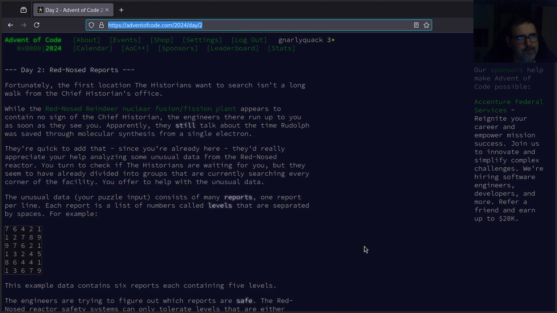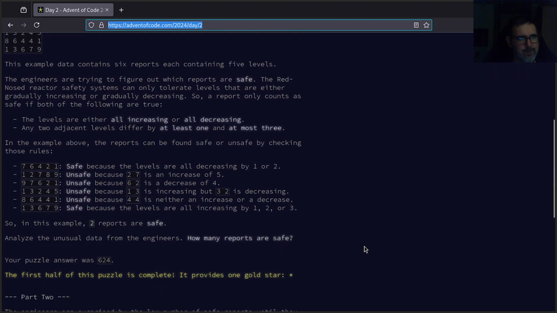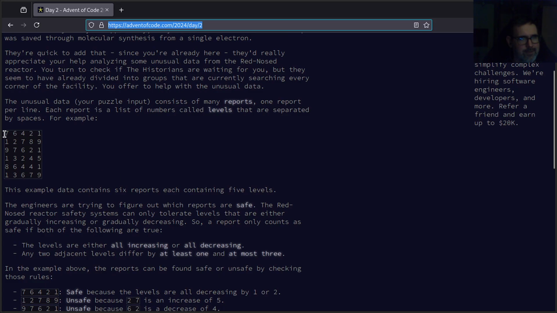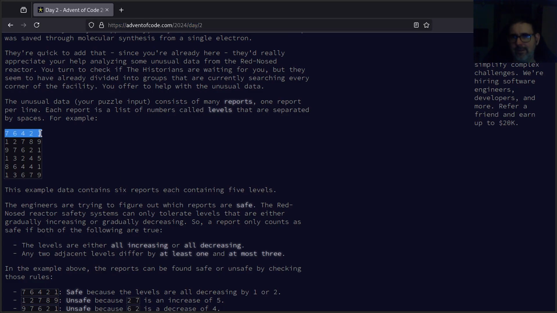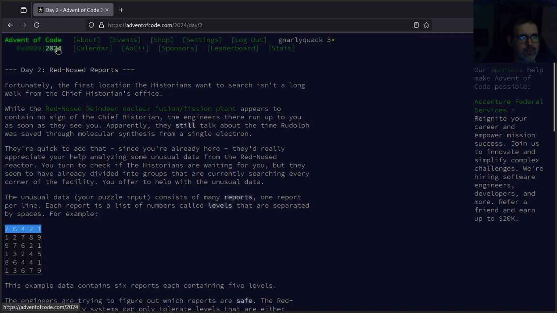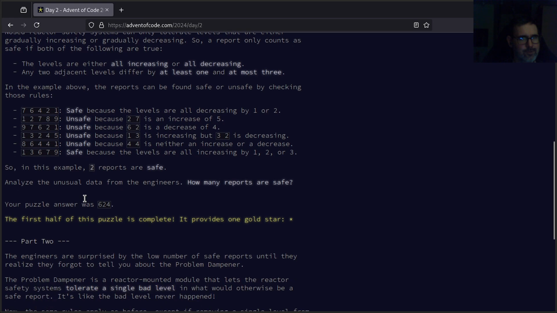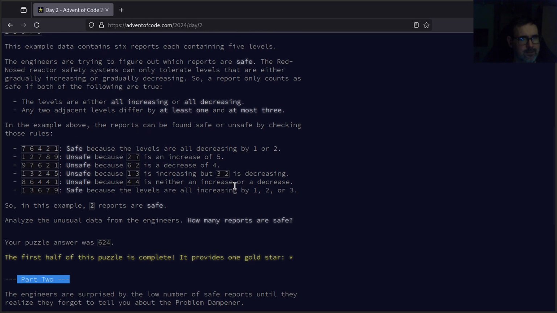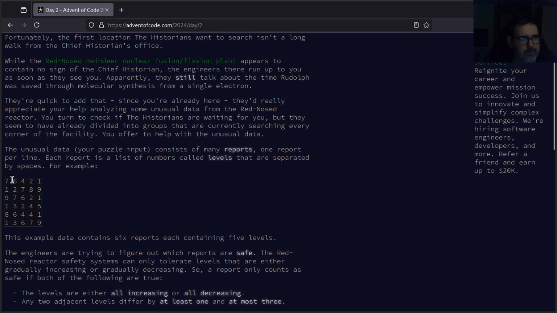So basically, the problem statement is we have these lists of numbers. 2024, day two, part two. So we have these lists of numbers, and they either have to all increase or decrease, and the amount of change can only be between 1 and 3.